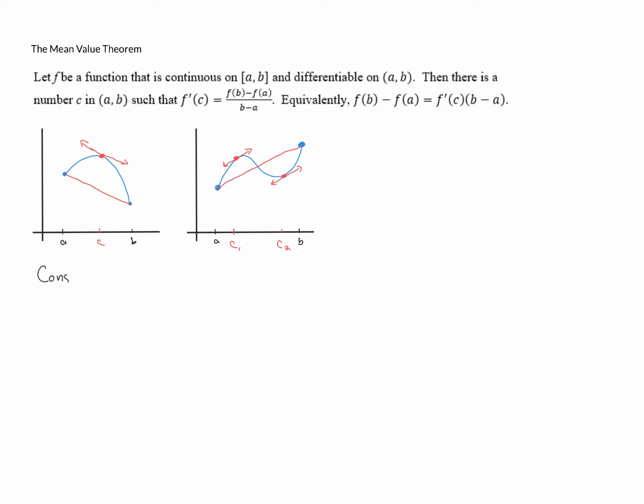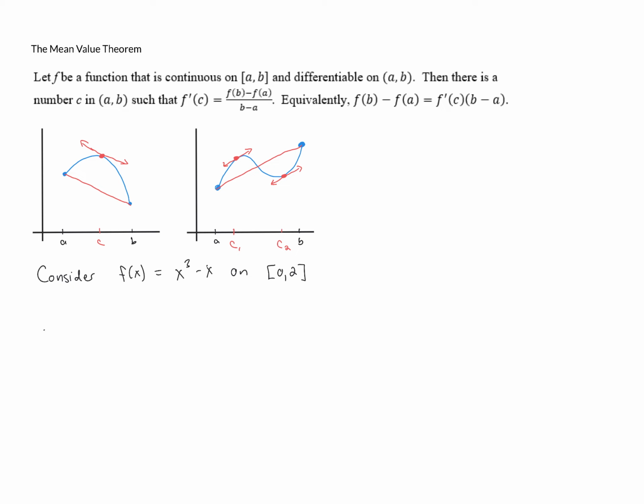Let's consider f of x equals x cubed minus x on the interval from 0 to 2. This function is continuous and differentiable everywhere because it's a polynomial function. So we know that it satisfies the conditions of the mean value theorem. And so the mean value theorem says there is a number c in this interval from 0 to 2 such that the derivative of the function at c is equal to f of 2 minus f of 0 over 2 minus 0.